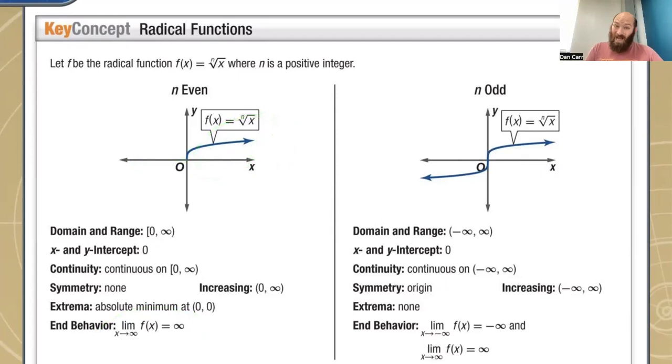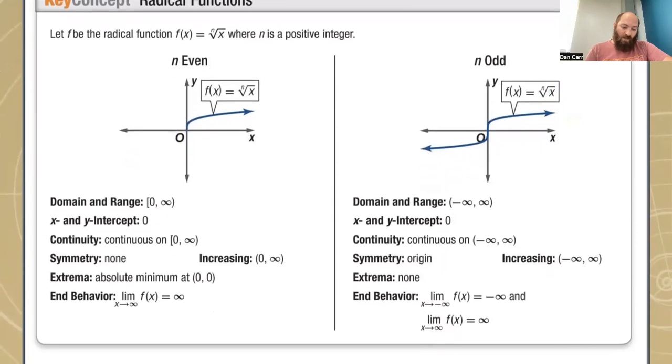But if I make it an odd root, like the third root or the fifth root, that creates a function that goes in both directions forever. So now we have negative infinity to infinity. The reason is that we cannot take an even root of a negative number, but we can take an odd root of a negative number. That's totally fine.